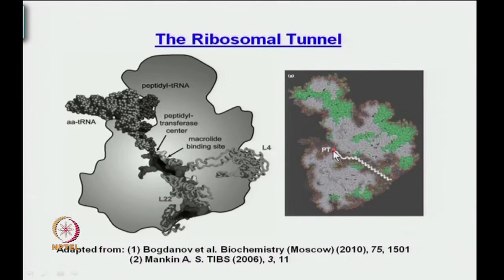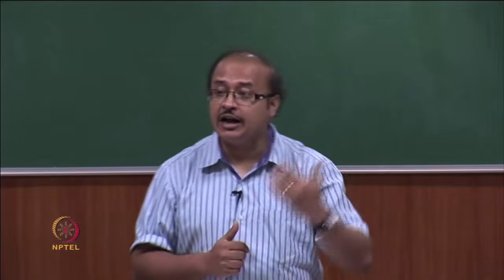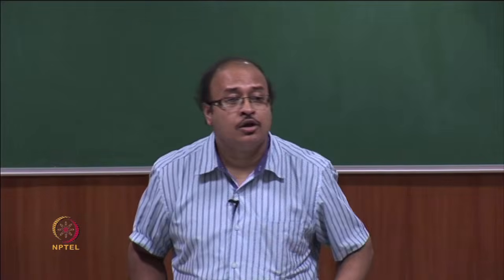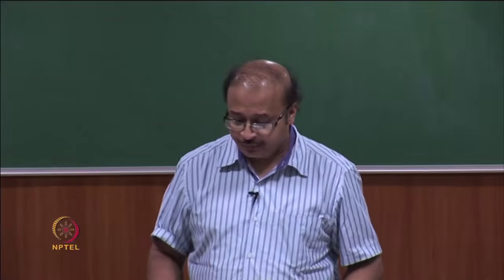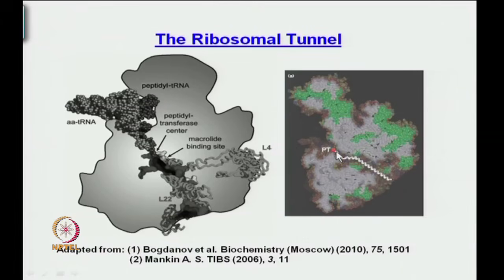How? We are not going into that, but we know that this information is being brought in by the messenger RNA. Then at the peptidyl transferase center, your peptide bond is synthesized, your peptide elongates and it follows the exit point through the tunnel and comes out. Okay. So, it comes out here.